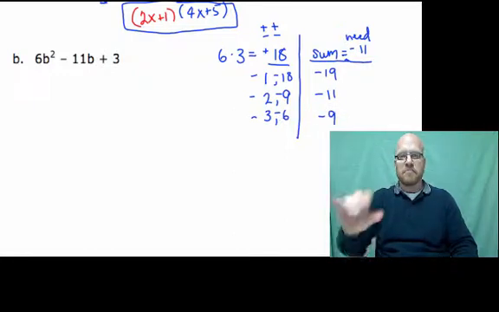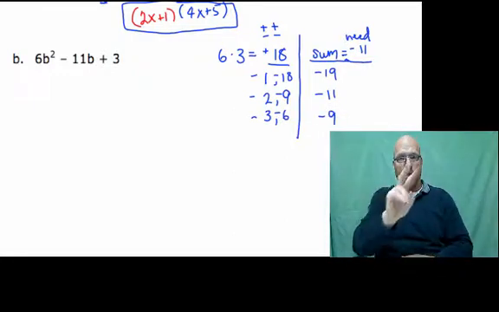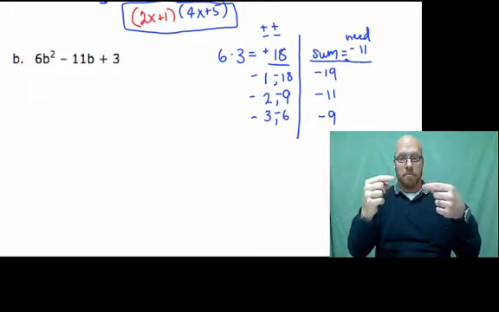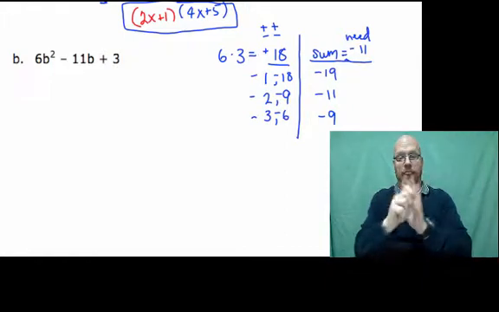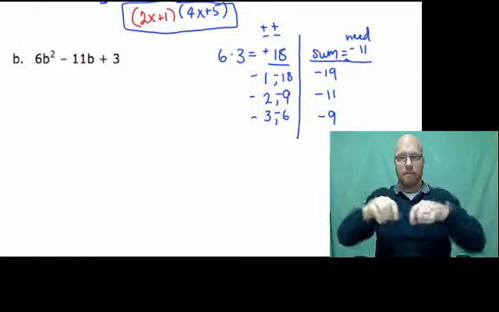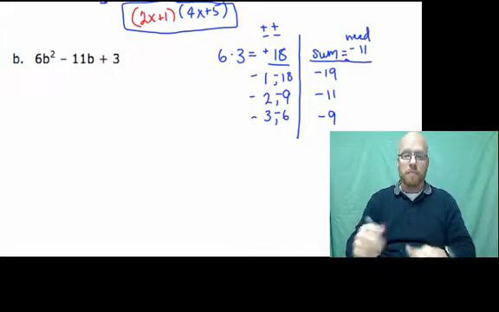So our middle pair, -2 and -9, they do add or combine to be -11. So we're going to split our middle term, -11b, into two terms, -2b and -9b.